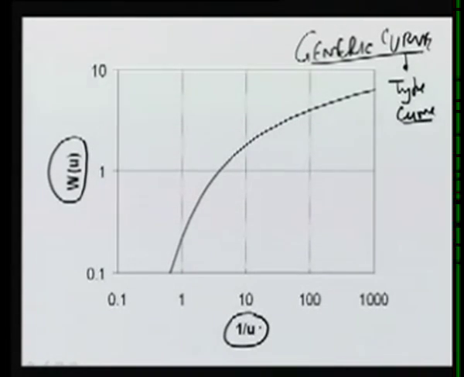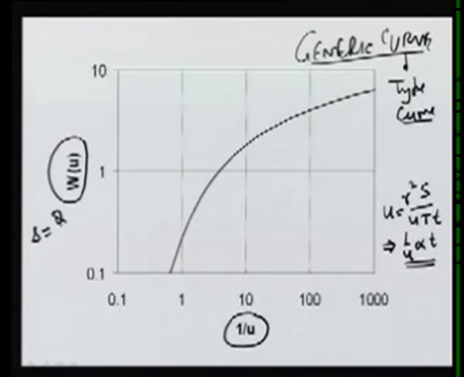Now 1 over u, as we have seen, is equivalent to T, and Wu, as we have also seen, is equivalent to S.